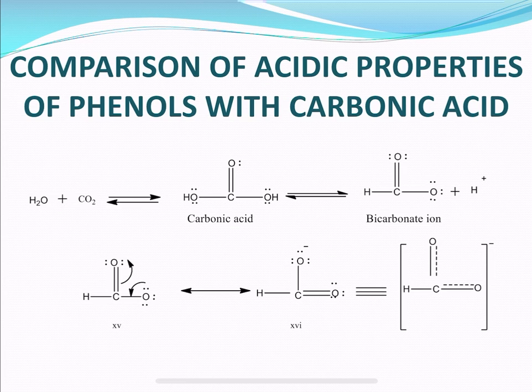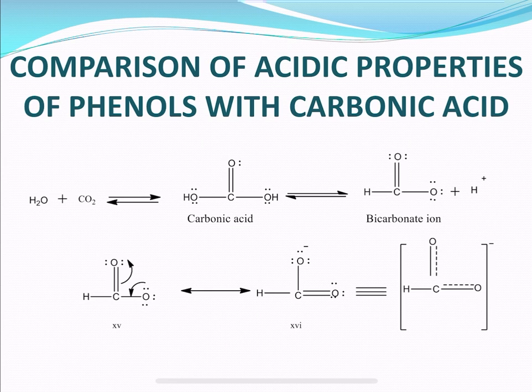The bicarbonate ion of carbonic acid has two equivalent contributing structures. What are those two equivalent contributing structures? If you see structures 15 and 16, these two are equivalent contributing structures. This makes carbonic acid a fairly strong acid.